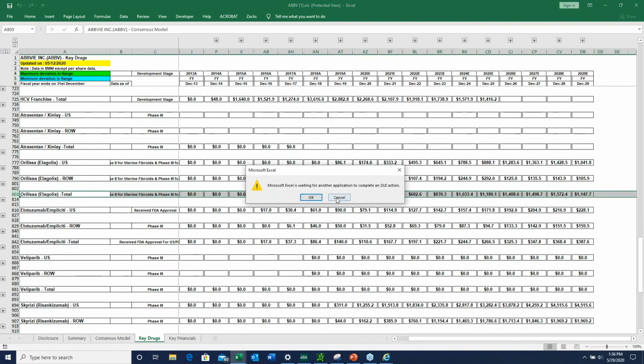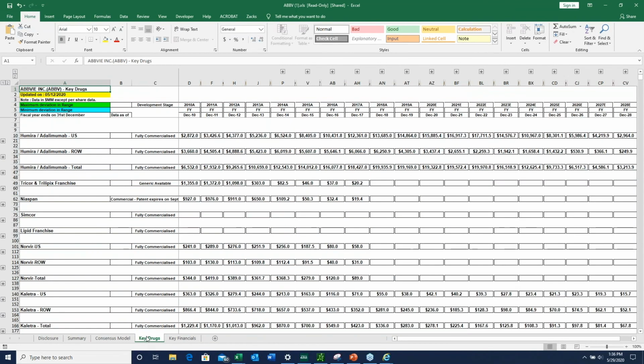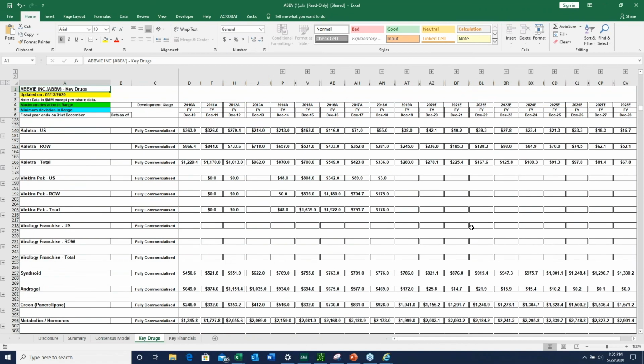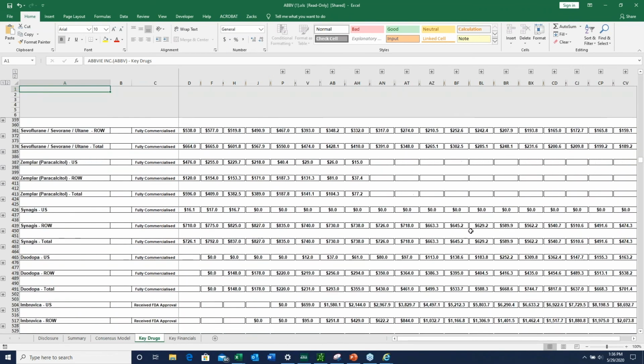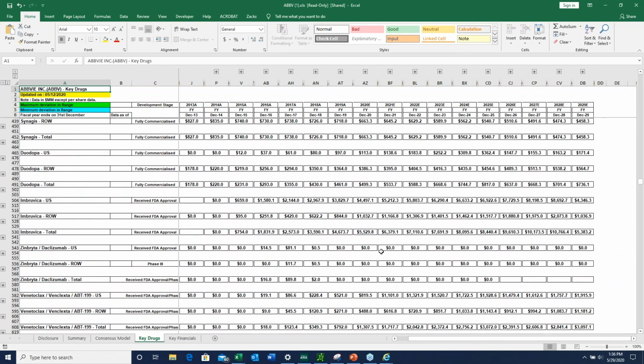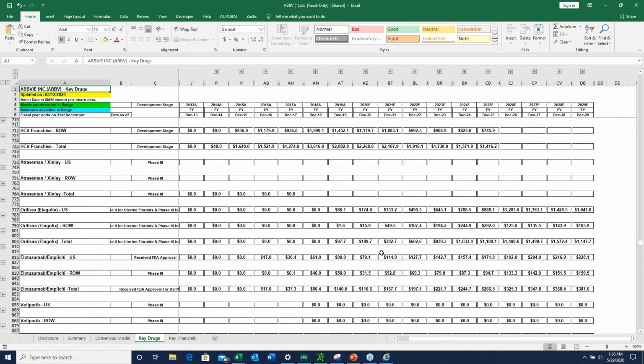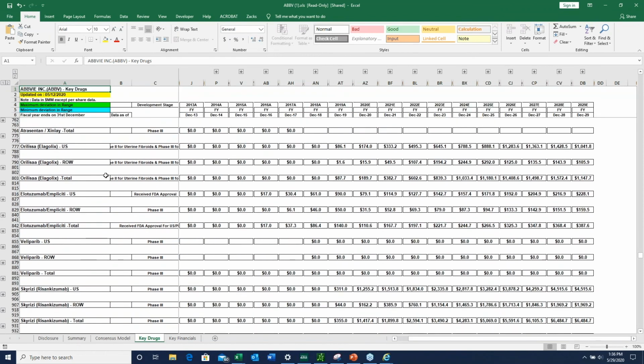This may take you a few minutes to tab through here. Whoops, go back here. This may take you a few minutes to take a look at, but you'll see that all of this information is right at your fingertips. If we go back down through this entire portfolio of drugs, they've got a lot in here. And I'm just going to call your attention specifically to a couple of these.